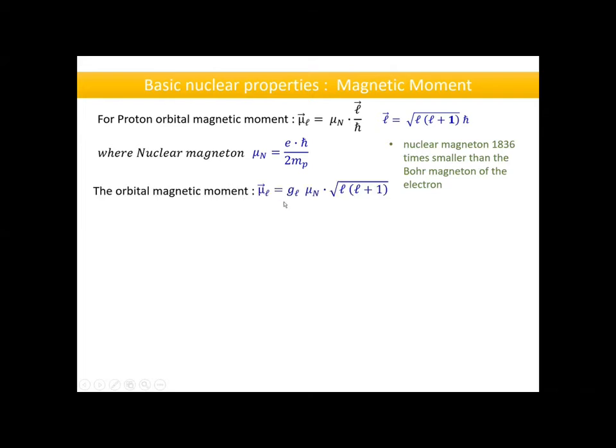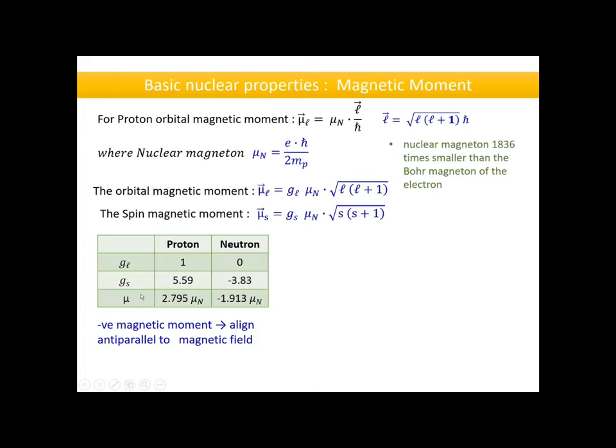In general, the orbital magnetic moment can be written as this and the spin magnetic moment as this. The values of g L, g S and mu for the proton and neutron are given in this table. As you can see, the magnetic moment for the neutron is negative, which means it aligns antiparallel to the magnetic field. One can ask a question: although the charge of the neutron is zero, there exists a non-zero magnetic moment.